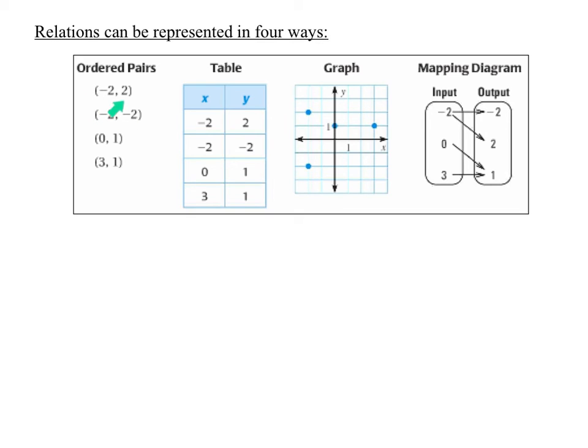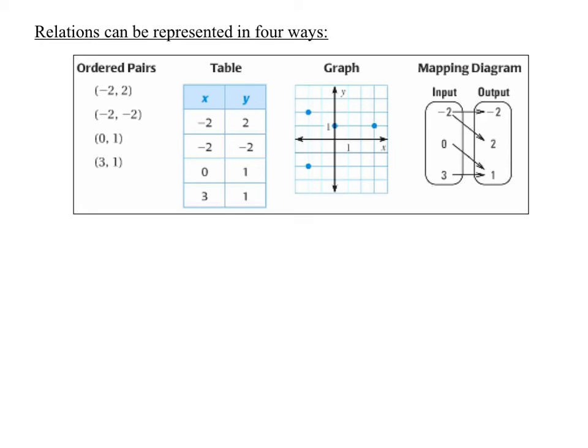Yeah, it's 2 or -2 is the output. So look, the input is here, but the output is either -2 or 2. That's why this is showing 2 arrows branching off. 0 has an output of 1, 3 has an output of 1. Those both go there. Okay, 0, 1, and 3, 1. Now, the concept of relation simply means it relates 2 variables, x and y.